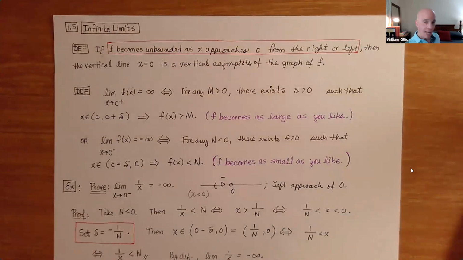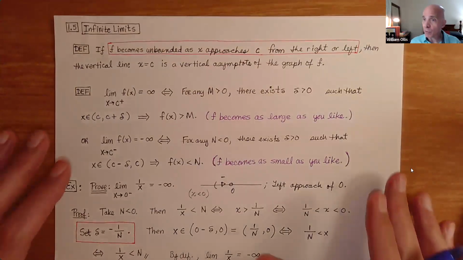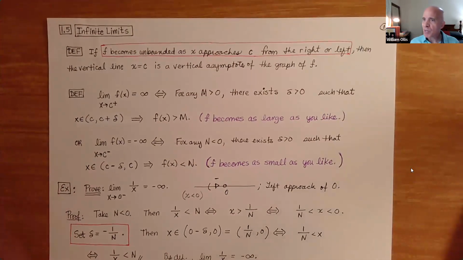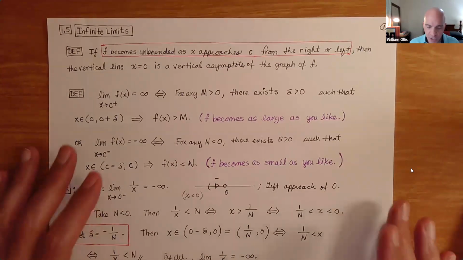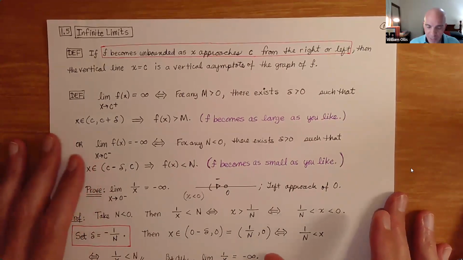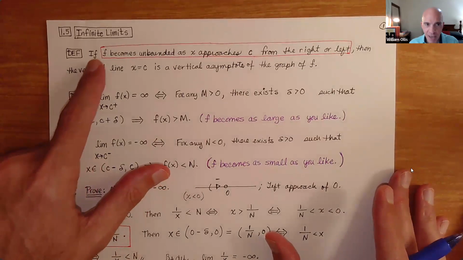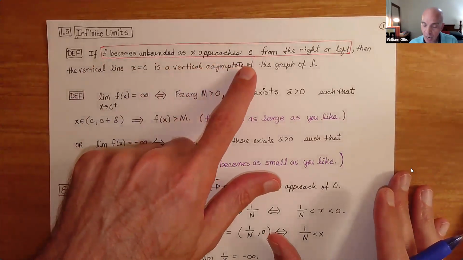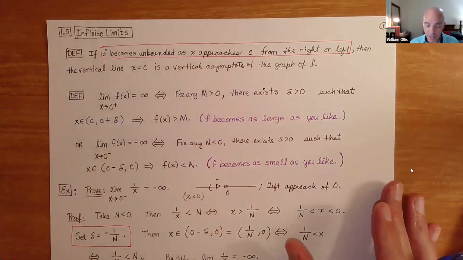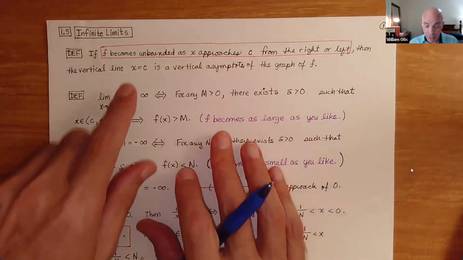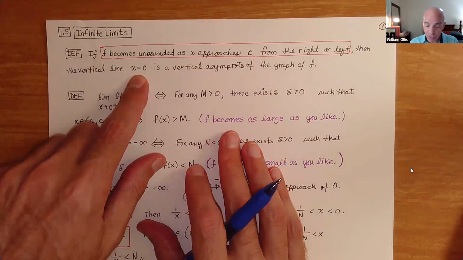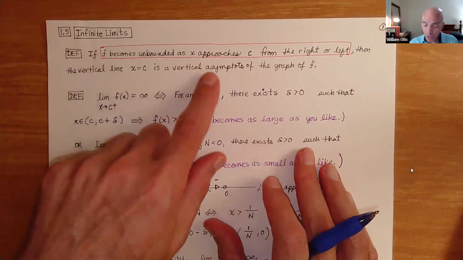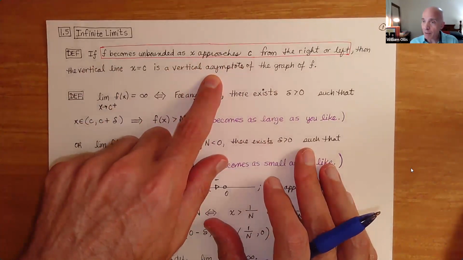And then, of course, you would have to spread out your scale. So that's really what we're talking about. So now, formally, we would say f becomes unbounded as x approaches c from the right or the left. Then the vertical line x equals c is called a vertical asymptote of the graph of f.